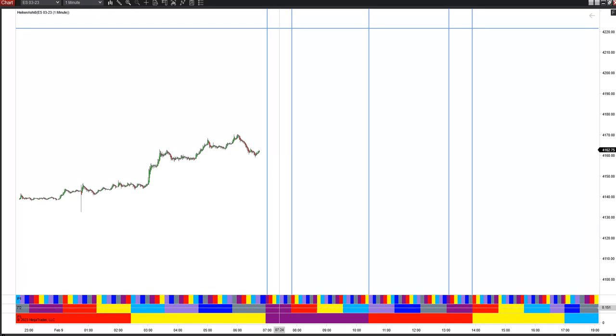Then we're going to look at the end of the P2 purple segment, which is right here, marked by the vertical line for the next time trigger. That's at 7:50. Now we're going to look to the end of the P3 purple segment, which is going to end this morning about 10:25 for an important potential change in trend.